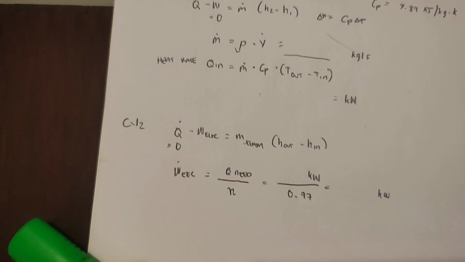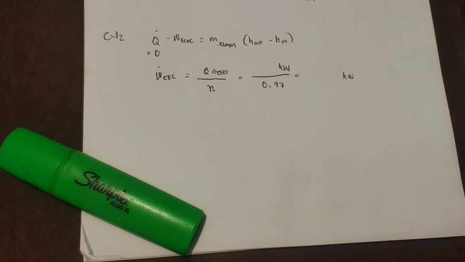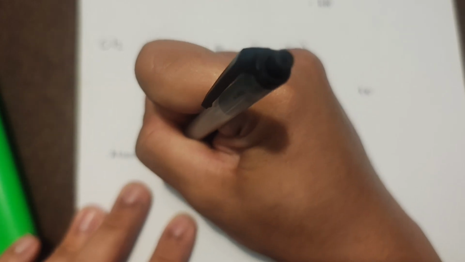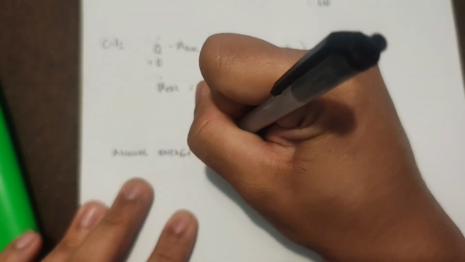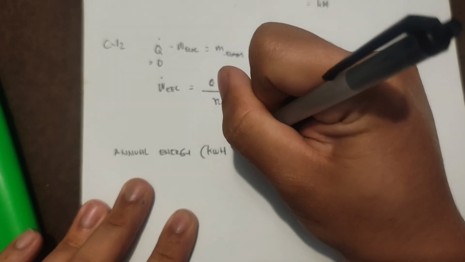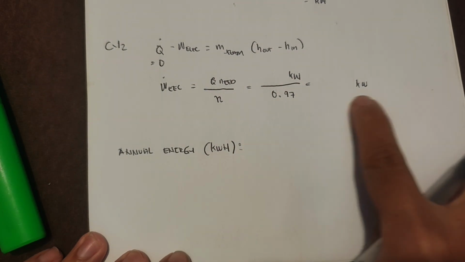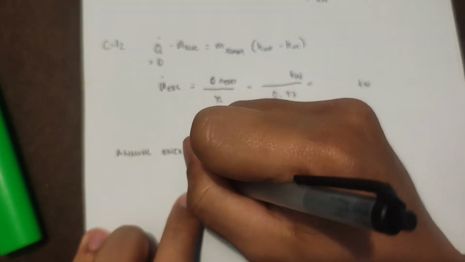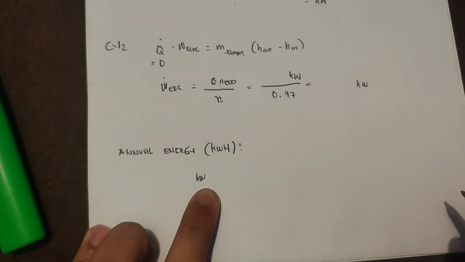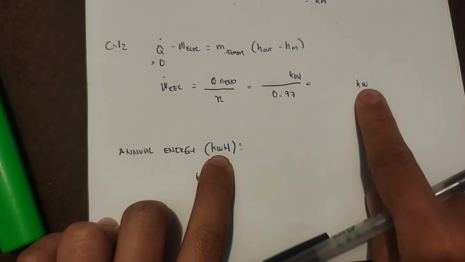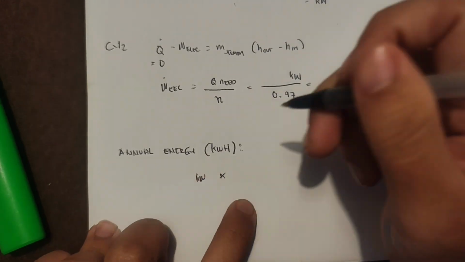And now we will be computing for the annual energy, okay? So for the annual energy, which is in kilowatt hours, we will be using this answer, plug it in here, and you're gonna be multiplying it by how many hours, since it's kilowatt, and you're gonna grab the hours provided, which is 6,200.